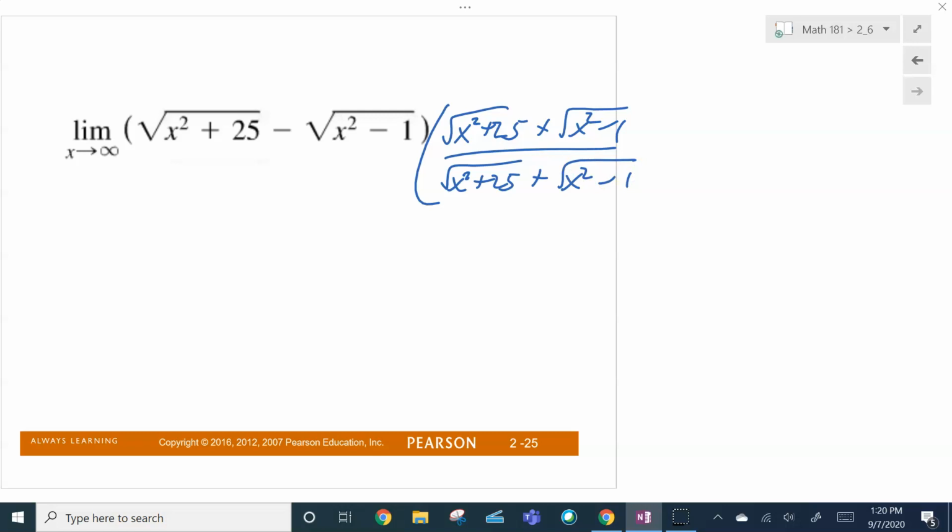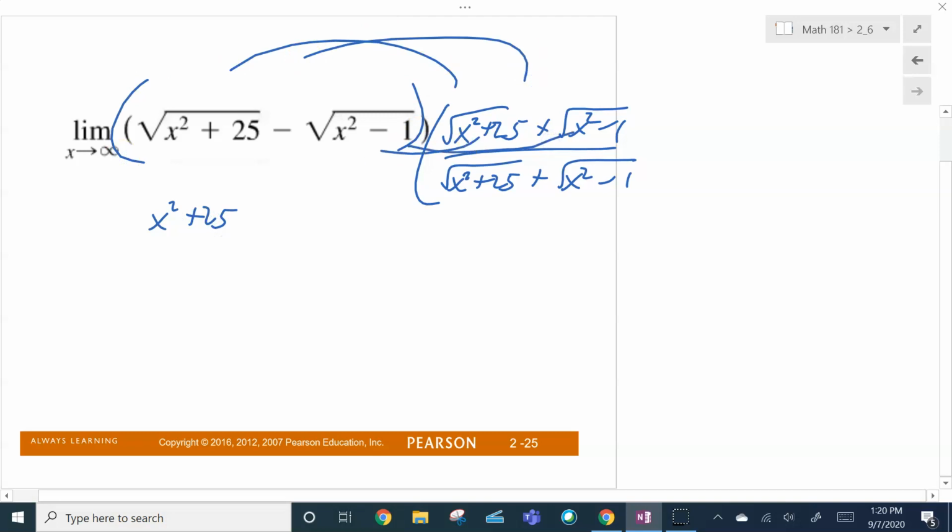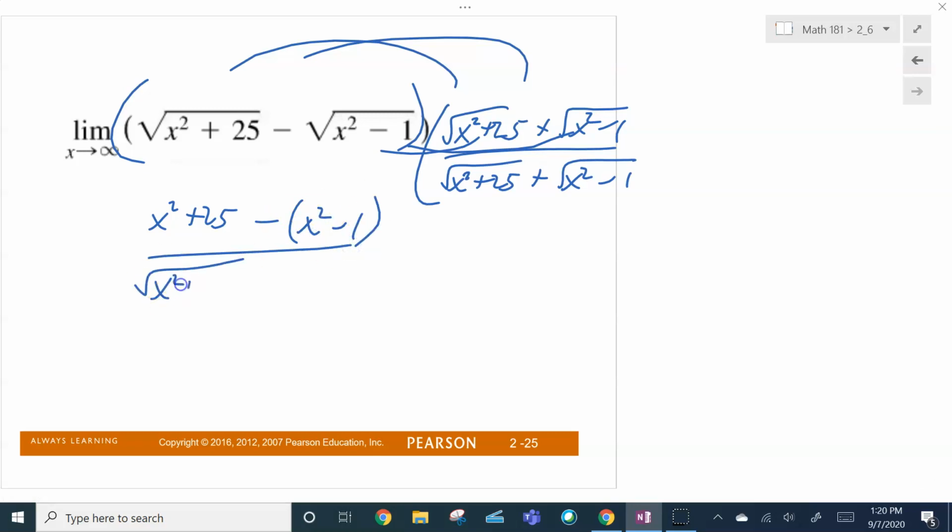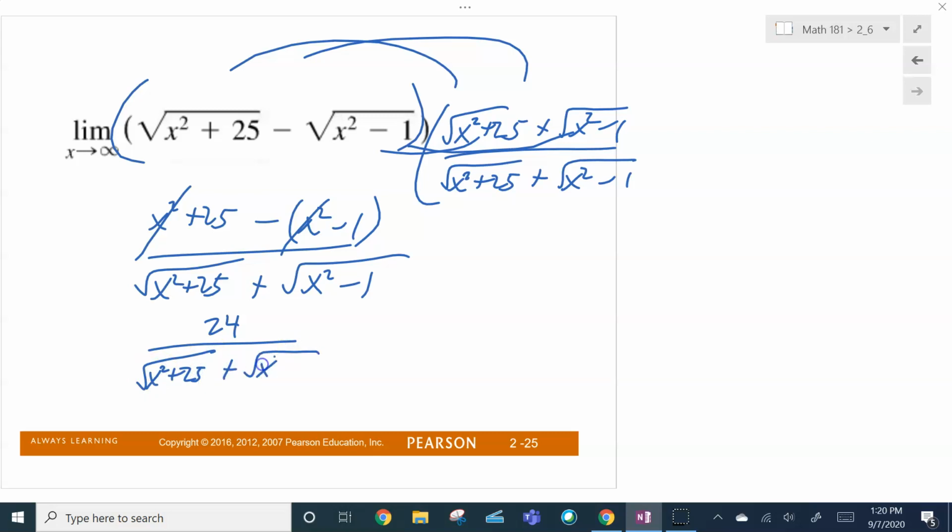So this is, once you FOIL this thing, right? And notice x squared minus x squared, so that's gone. So you got 25 minus 1. So we got 24. And then on the bottom we got square root of x squared plus 25 plus square root of x squared minus 1.